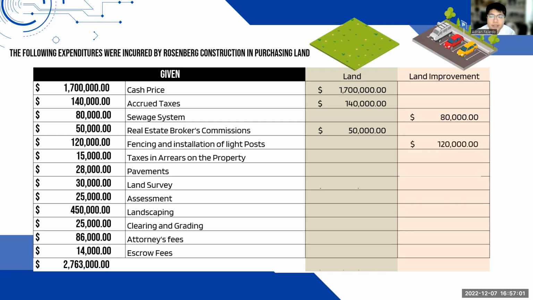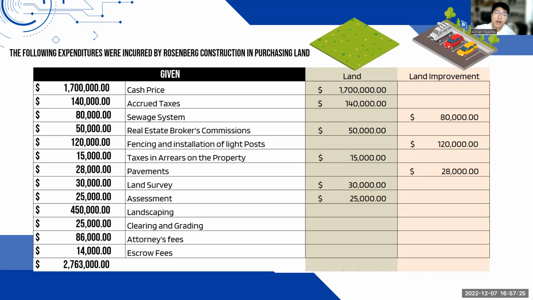Taxes in arrears on the property, again, is land. Pavements, again, structural addition. Okay, land survey. Land survey means you just assessed or studied the land. There are no structural additions in a land survey, and therefore, that would fall under land. Assessment, same thing.